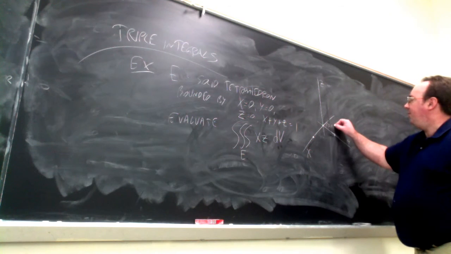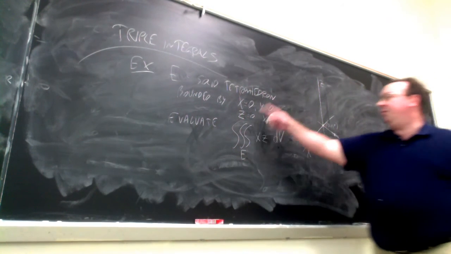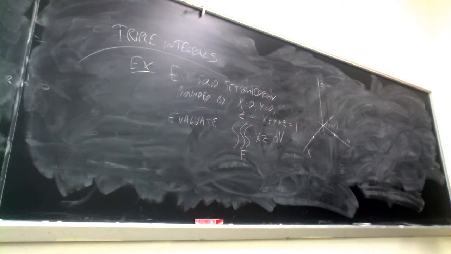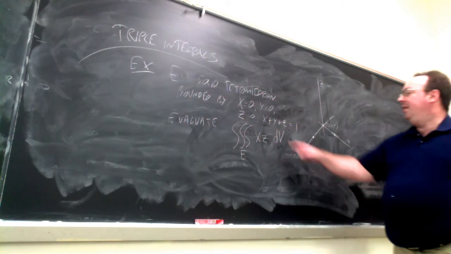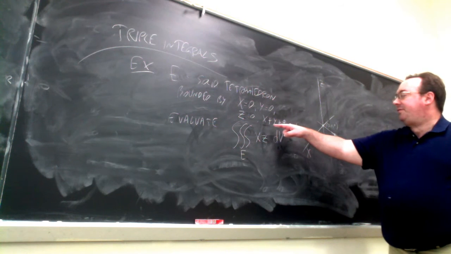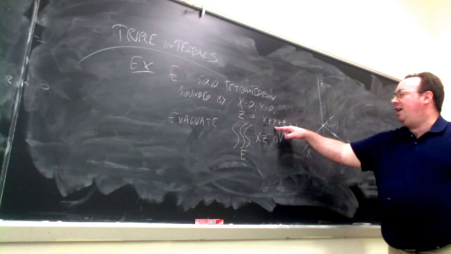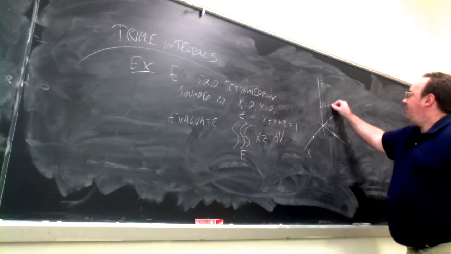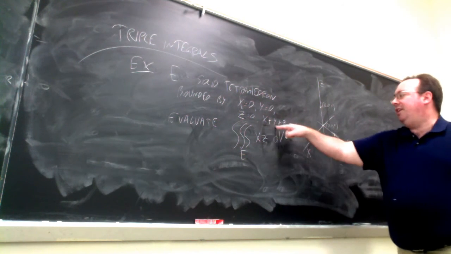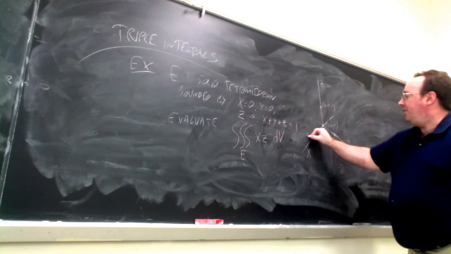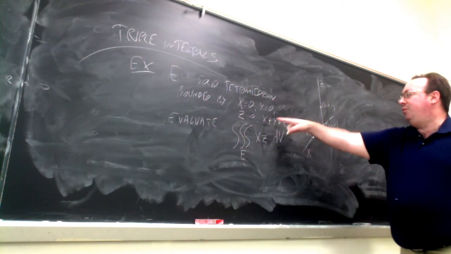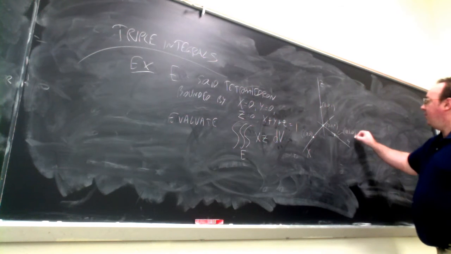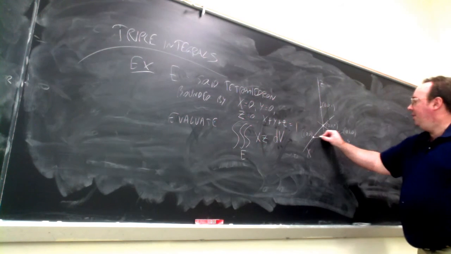It satisfies all three of these equations. But this equation helps identify other vertices. For instance, if x and y are both 0, but z equals 1, that's a vertex. And if x is 1 and the other two are 0, that's a vertex. Or if y equals 1 and x and z are equal to 0, that's a vertex.